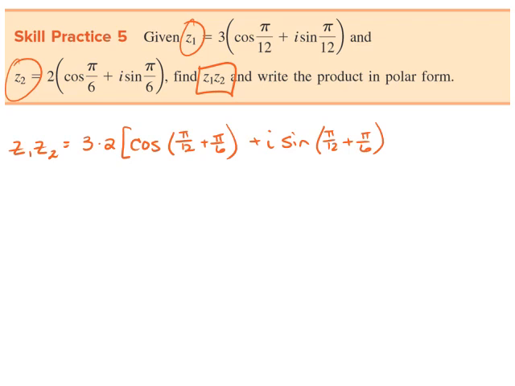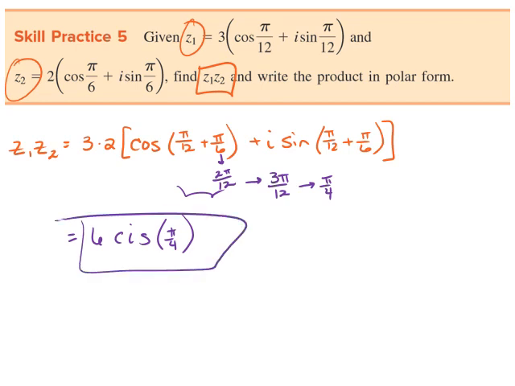All right, at this point you should be an expert at adding fractions with unlike denominators. This can be written as 2 pi over 12. So if I were to add these, I would have pi over 12 plus 2 pi over 12, which gives me 3 pi over 12. 3 pi over 12 can be reduced to pi over 4. Okay, so this is equal to 6 cis pi over 4. I took the shorthand notation on that one.